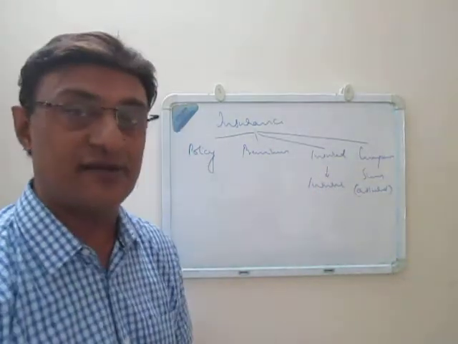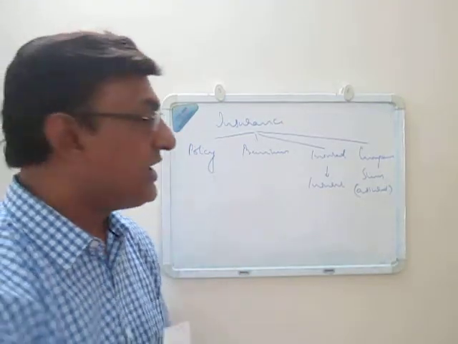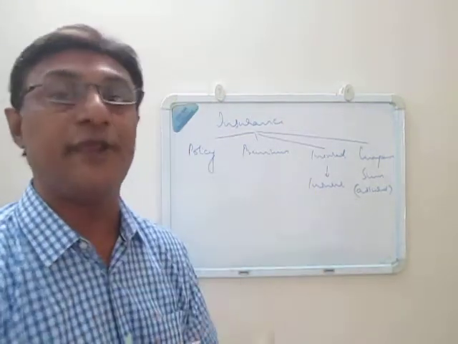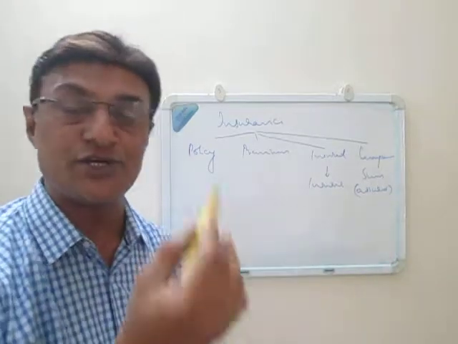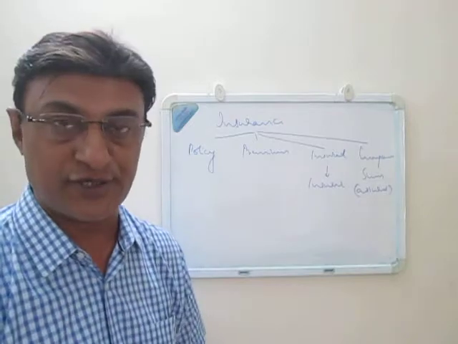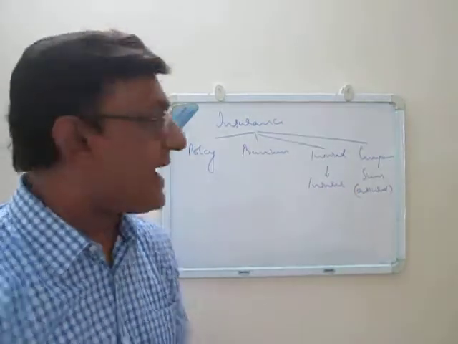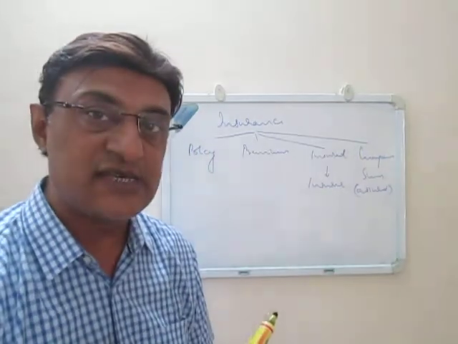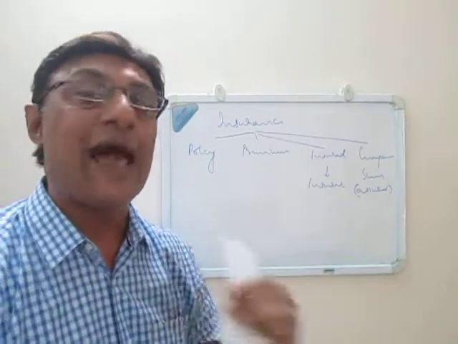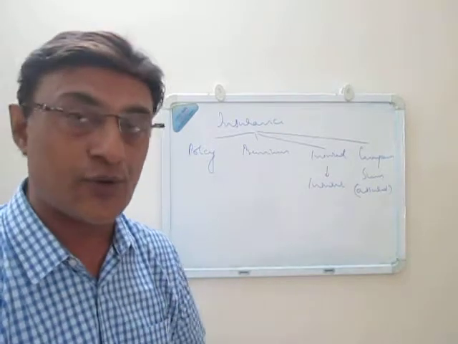Insured is the person whose property or life is insured. Insurer is the insurance company, United India Assurance Company, Life Insurance Corporation, General Insurance Corporation. And the lump sum which is agreed to be paid on the happening of a particular event: 10 lakhs, 20 lakhs, 60 lakhs, 1 crore, whatever.